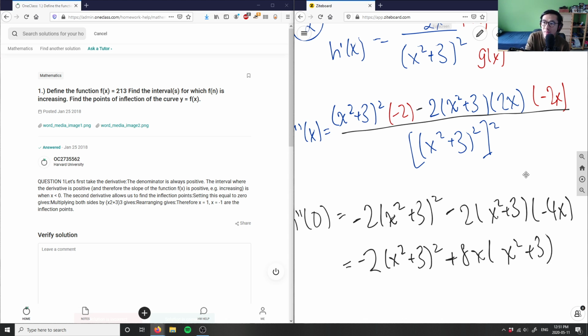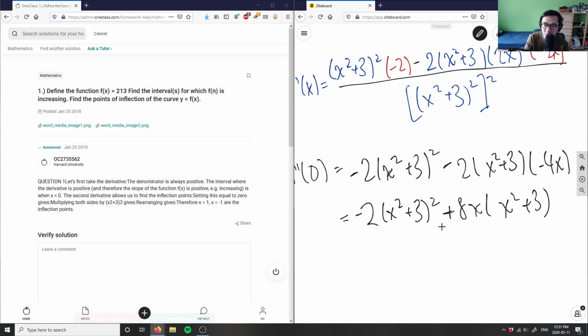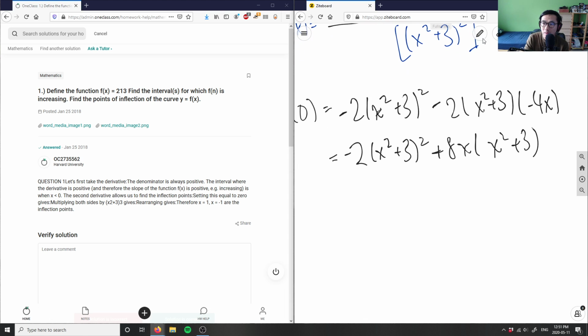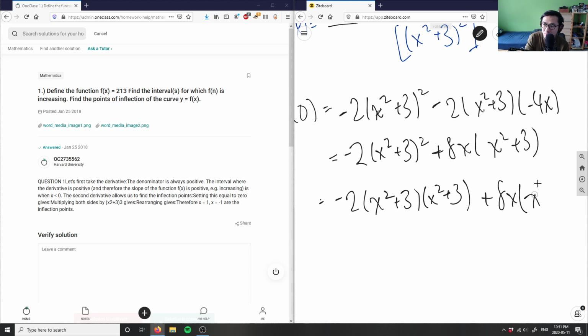And then if you look at these factors here, I can use FOIL and rearrange this to give me some sort of polynomial equation, right? I can do that for you as well. So I have -2 times x squared plus 3 times x squared plus 3, plus 8x times x squared plus 3.